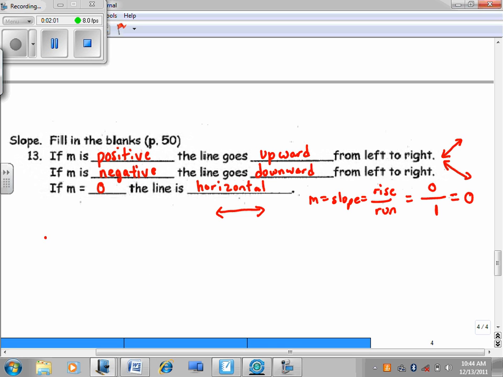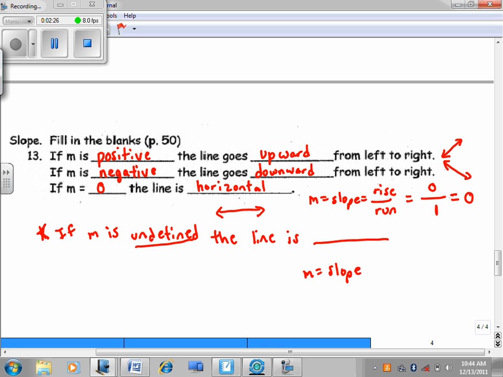We're going to add one note in here. If m is undefined, the line is, well, let's look at what we did up here. We have m is equal to slope is equal to rise over run.